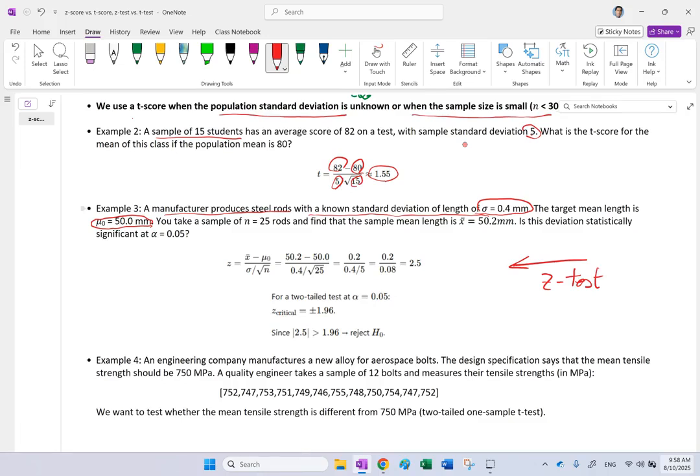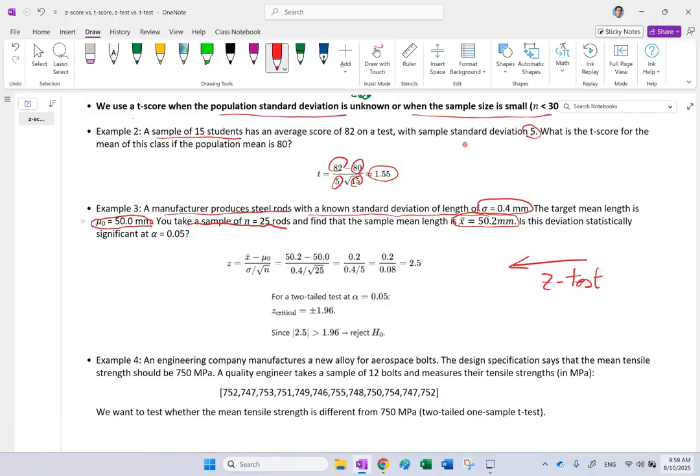Now you go and do some quality control. You pick 25 rods made by this company and find that the average length of these rods is 50.2. The question is, is this deviation really significant?